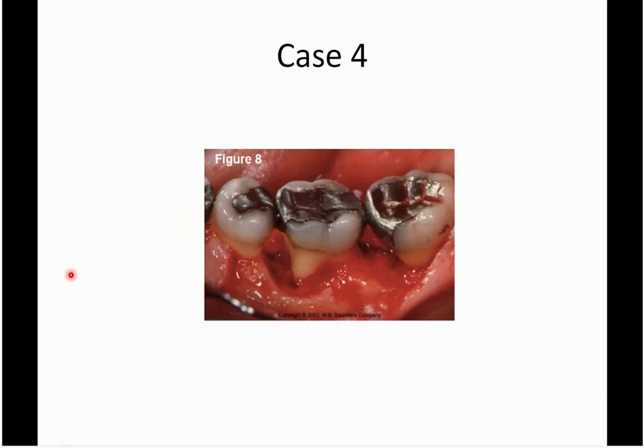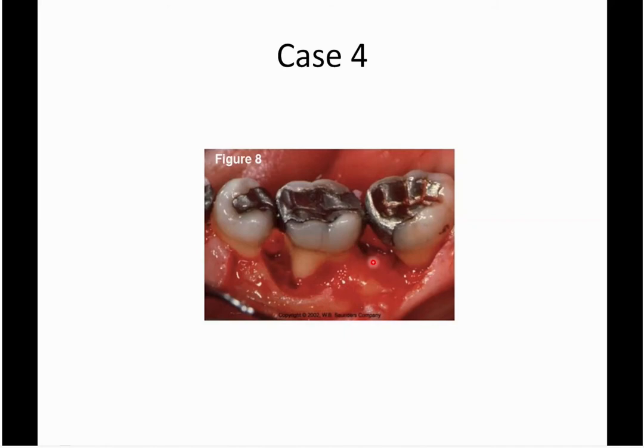Okay. And then how would we treat this area? Well, some could choose to do osseous surgery to fix this because we've got reverse architecture.